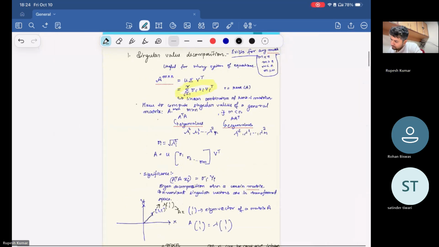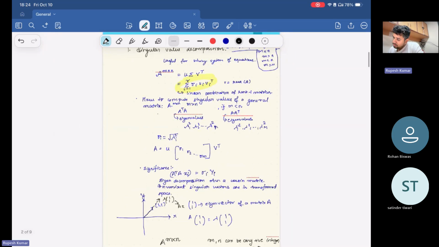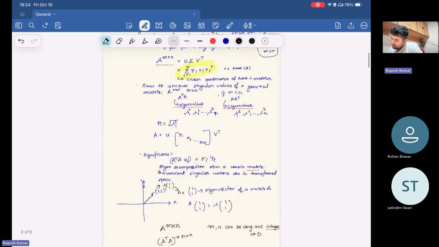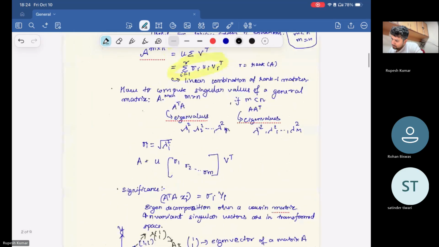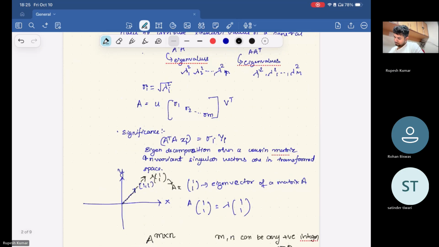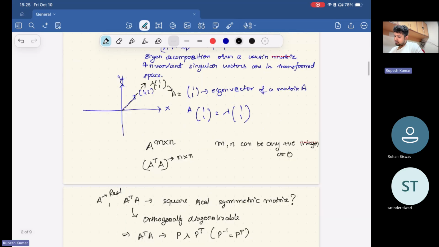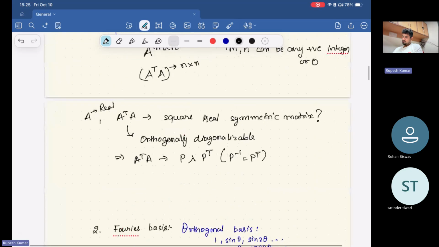So we know its eigenvalues will always exist.